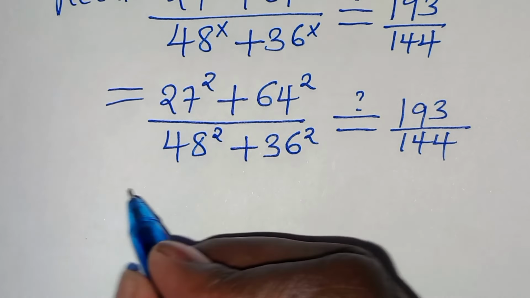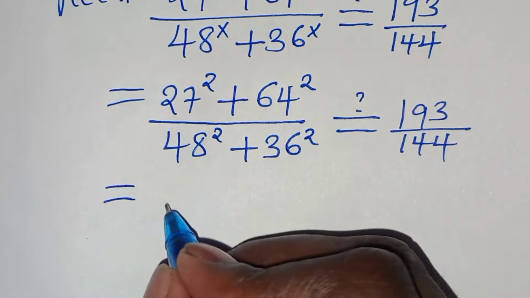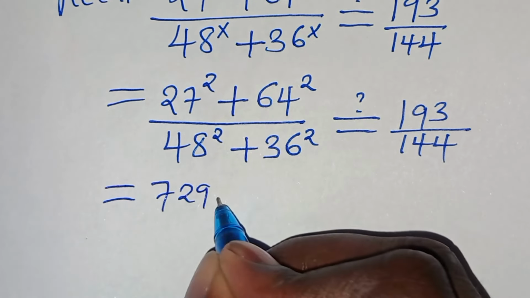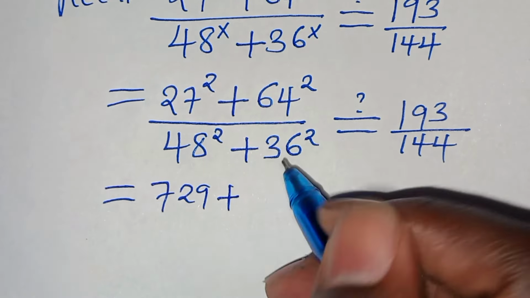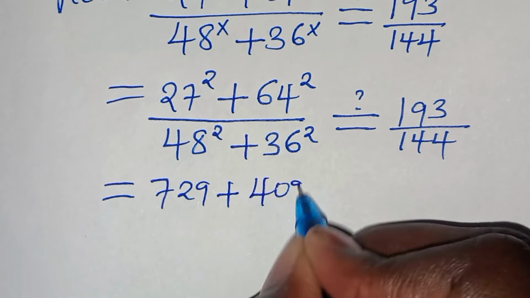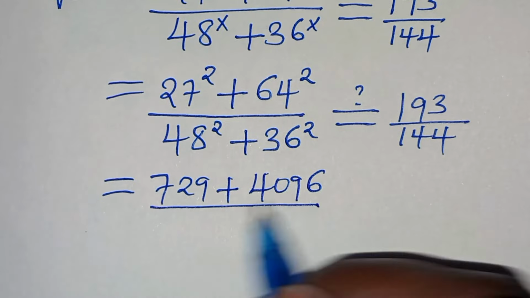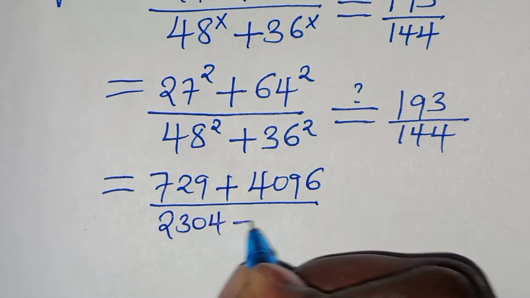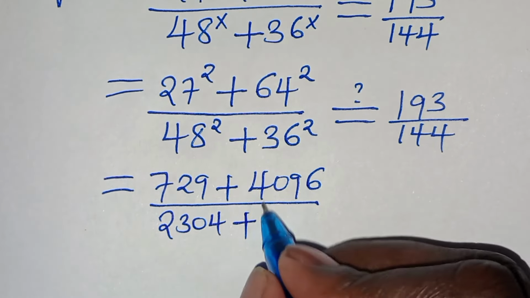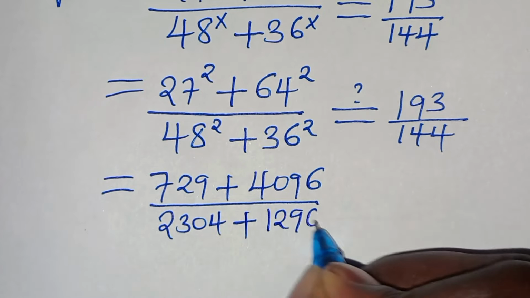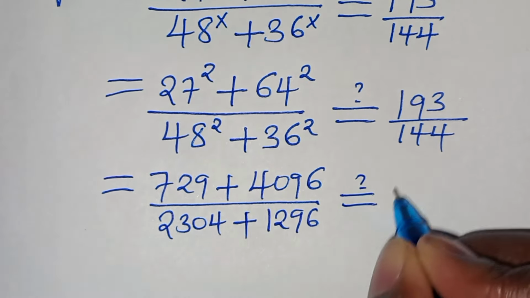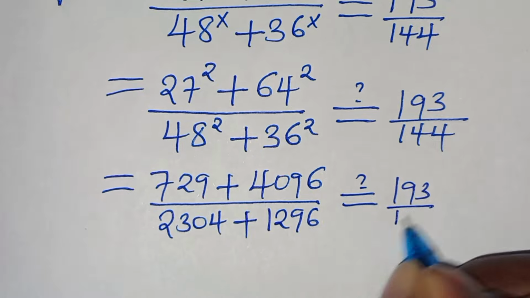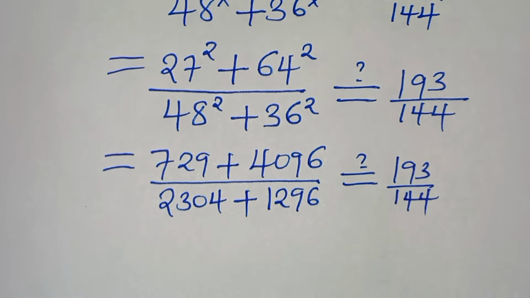Now here we have 27 squared, which is 729, plus 64 squared, which is 4096, divided by 48 squared, which is 2304, plus 36 squared, which is 1296. This is supposed to give us a value of 193 divided by 144.